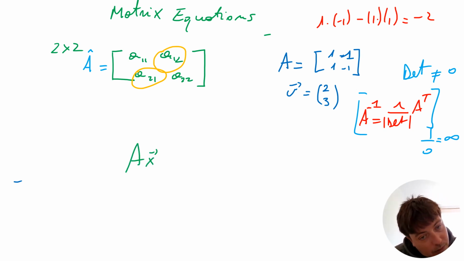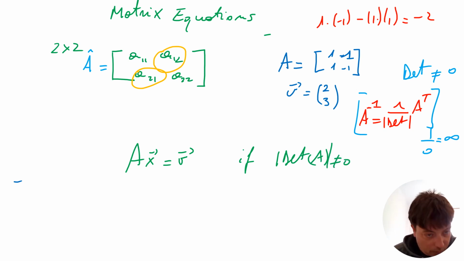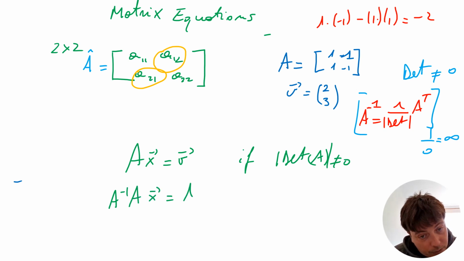How do you solve this equation formally? Ax equal to v. Now, if the modulus of the determinant of A is different from 0, you can multiply by A inverse on both sides, because you have to do the same thing on both sides to get the same answer in the end.